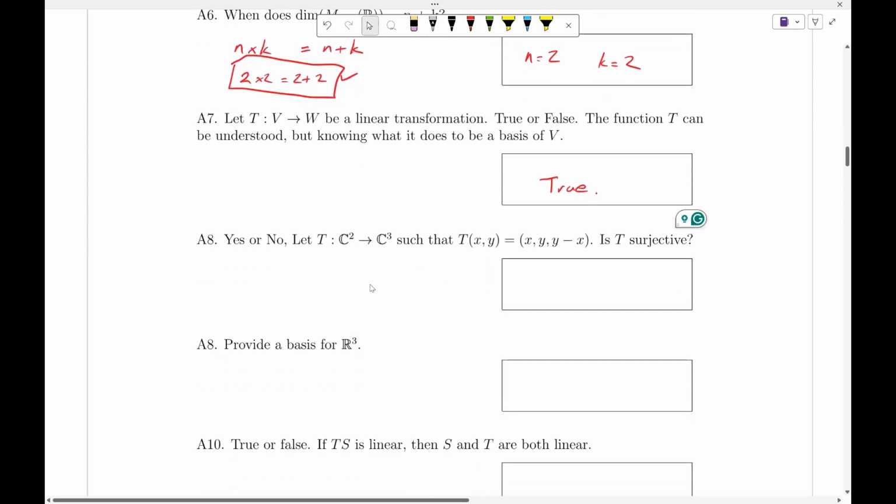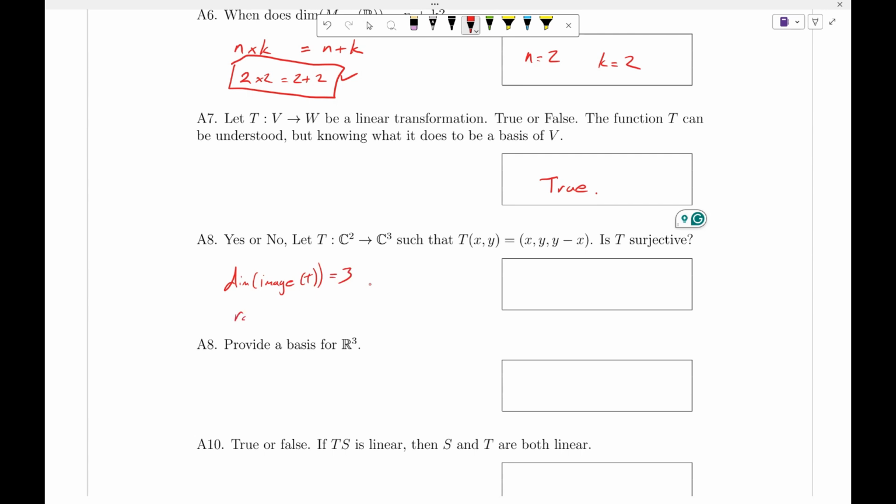So in A8, we have a linear transformation going from C2 to C3 such that this is our function, and we're asking, is it surjective? Well, in order for it to be surjective, the dimension of the image of T must equal 3.